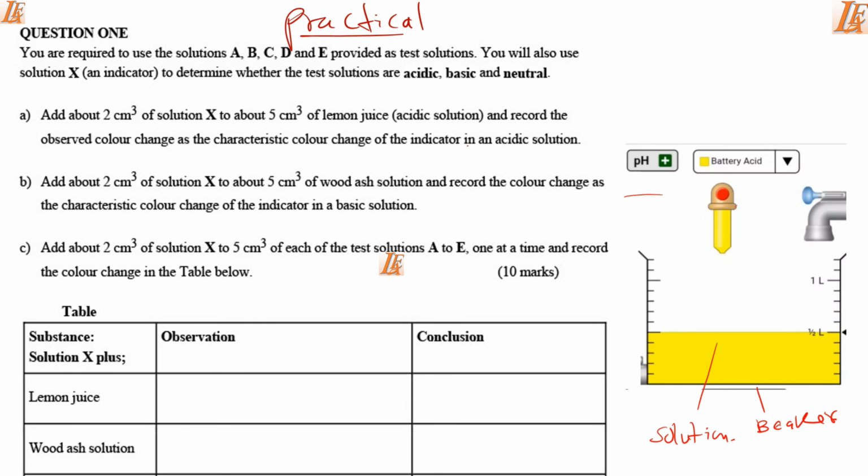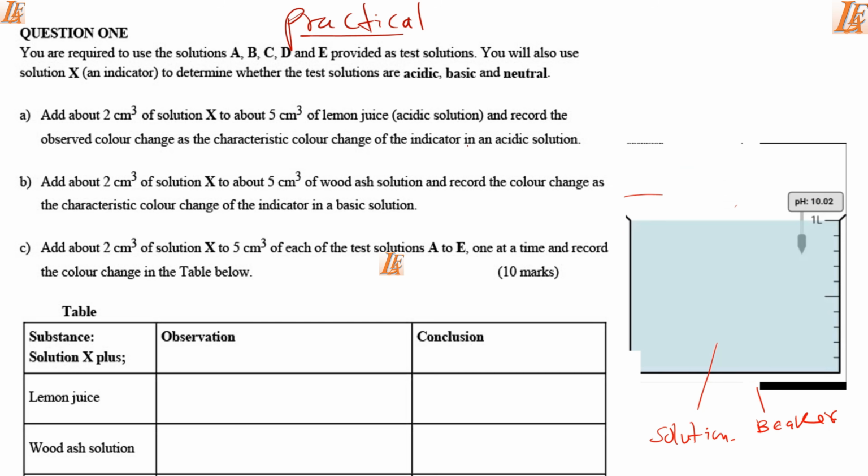So let's read question 1. Question 1 reads: you are required to use the solutions A, B, C, D, and E provided as test solutions. You will also use solution X as an indicator to determine whether the test solutions are acidic, basic, or neutral.